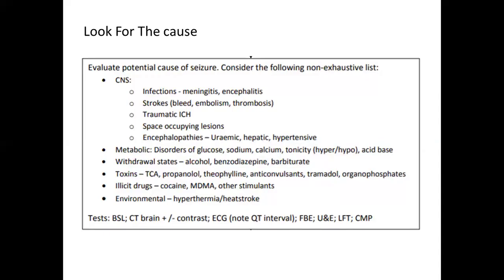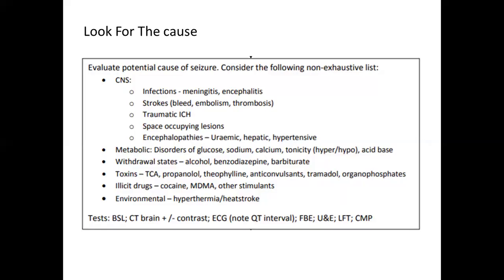The third priority is you should prevent complications. The fourth priority is you should treat the complications. Stop the fit, look for the cause, treat the complications, prevent complications. Those are the four priorities following status epilepticus.